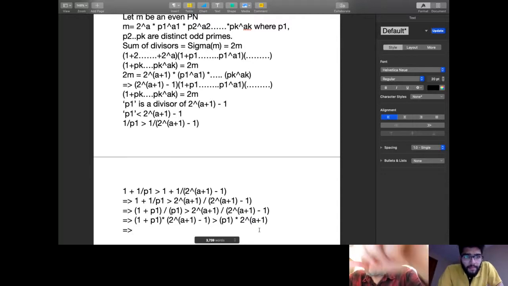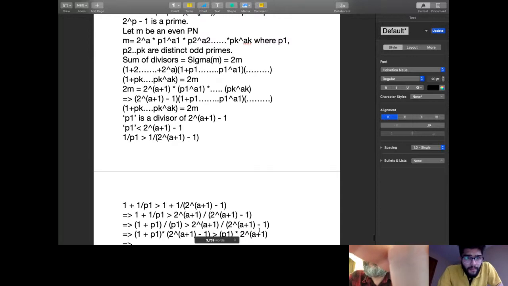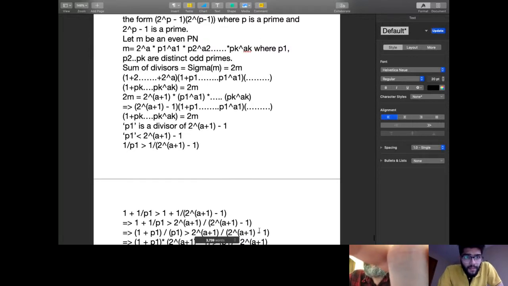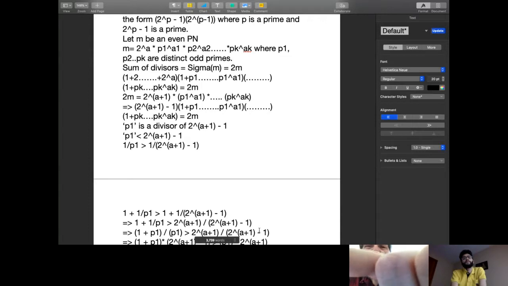Can I have a look at these equalities? One line you wrote the following: 2m equals 2 to the a plus 1.